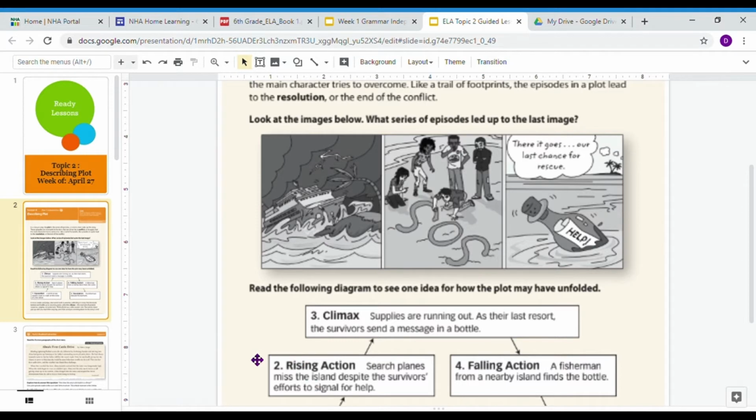And then once you get to a rising action, we're going to kind of slide directly into that climax, which is going to be our turning point in the story, where things kind of start to really get real. As we talked about plot in class, we know that the rising action can last a very long time.